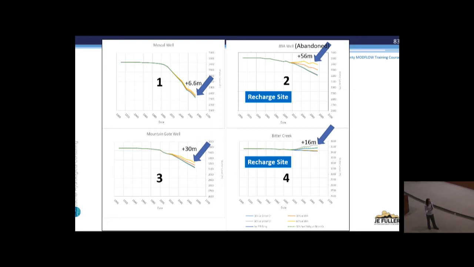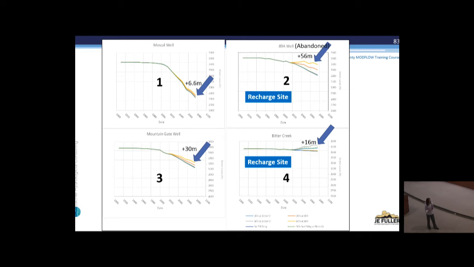That produced the greatest impact to heads, a 56-meter increase over baseline by 2075. And at the recharge site down by Bitter Creek, if we move the recharge from here to here, we saw a 16-meter increase here. Why was it less? Well, different hydrologic conditions: less tight formation, it's more shallow alluvium, and losing some of it to the river.